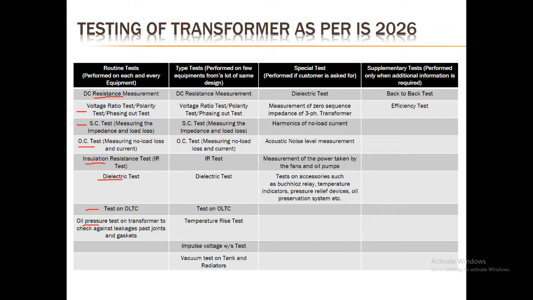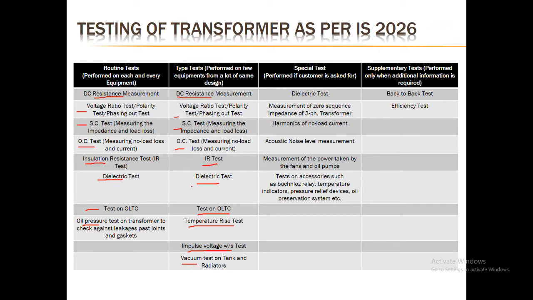The type test. A type test is normally performed on a few equipments from a lot of the same design. You can include DC resistance measurement as a type test, voltage ratio test, polarity test, phasing out test, short circuit test, open circuit test. In addition to these, the others are the temperature rise test, impulse voltage withstand test, and vacuum test on tank and the radiators.